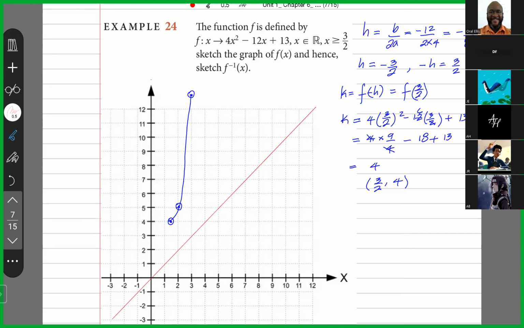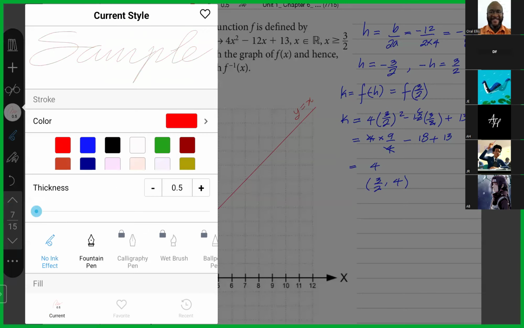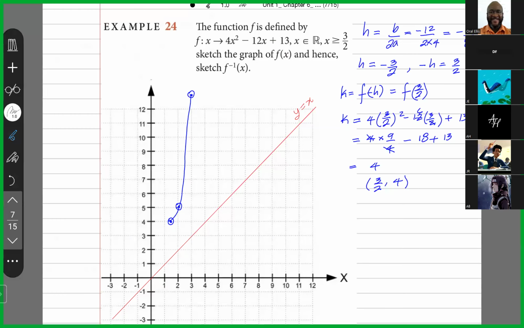Right, so let us say this is y is equal to x. All right, so let's have our f of x and f inverse of x.